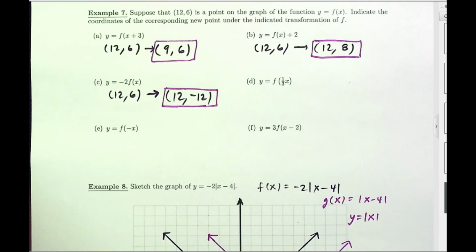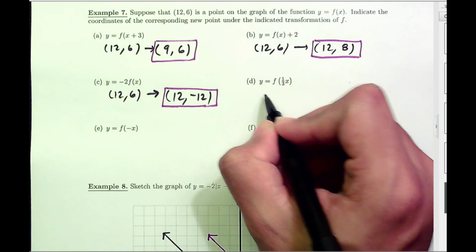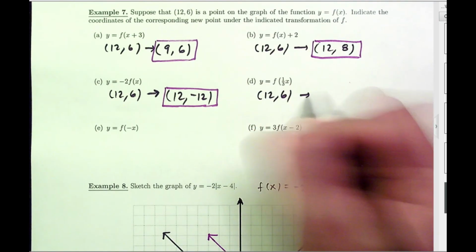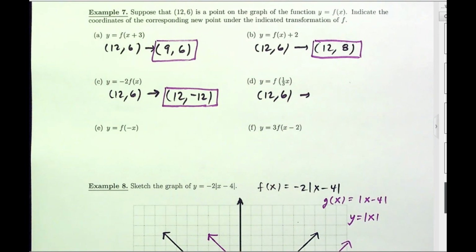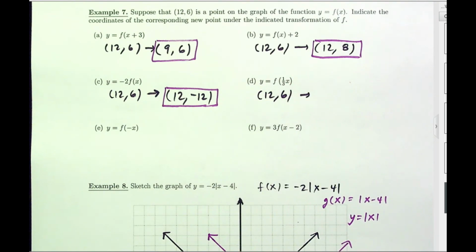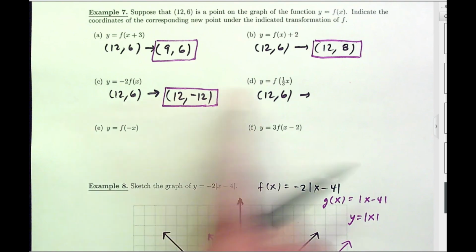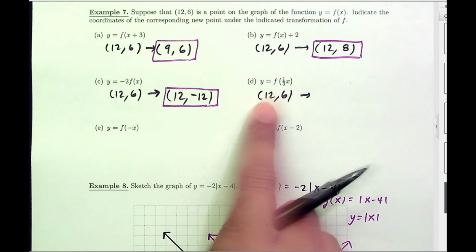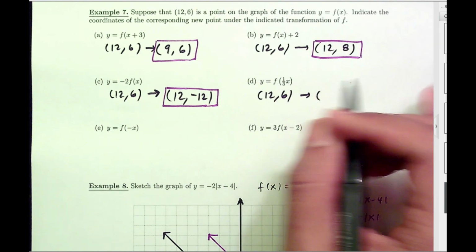So, this one, where does the point 12, 6 move? Okay, in this one, I'm multiplying x by 1/3. The 1/3 is inside of the function, so the fact that it's inside of the function means that it's a horizontal transformation, and that means two things: only the x coordinate gets affected, so only the x is going to be modified, and it behaves the opposite way of what we think.